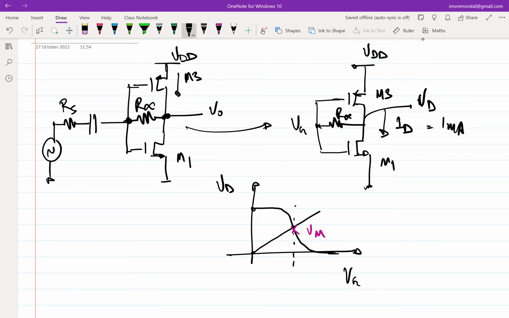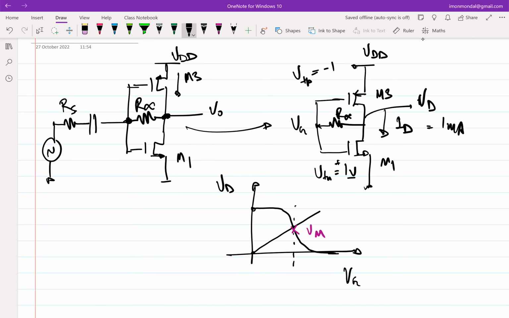Let's assume the threshold voltage was 1 volt in both cases, VTN and VTP were both 1 volt, and it changed to 0.5 volt suddenly. Then what will happen to this ID? Will it remain the same, increase, or decrease? ID will go faster than before, because now.